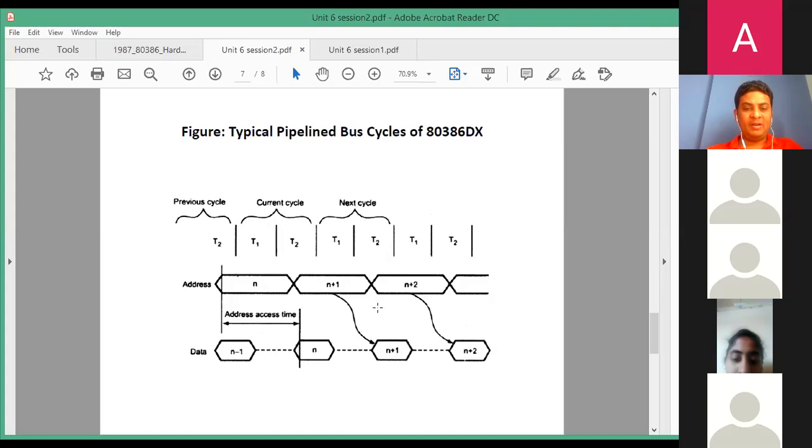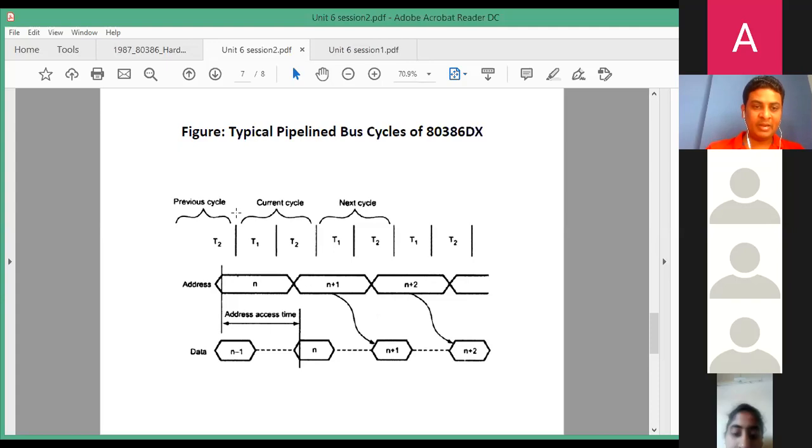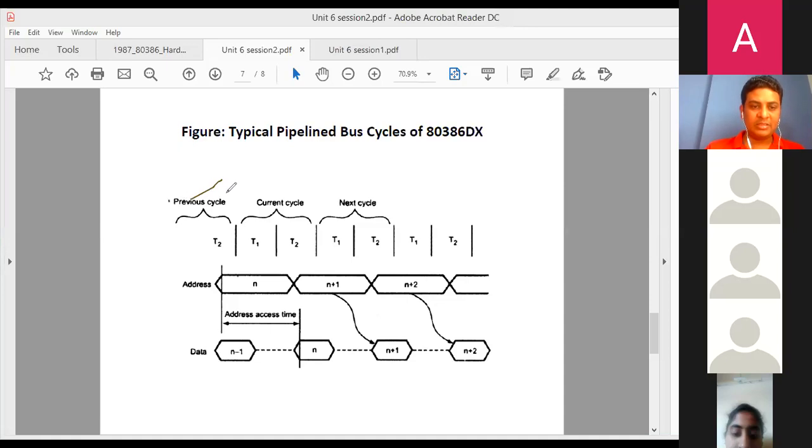So in the pipeline, we can observe that while T2, the data bus is fetching. Here, this is the previous cycle. In the previous cycle, in T2, the data n-1 is accessed.